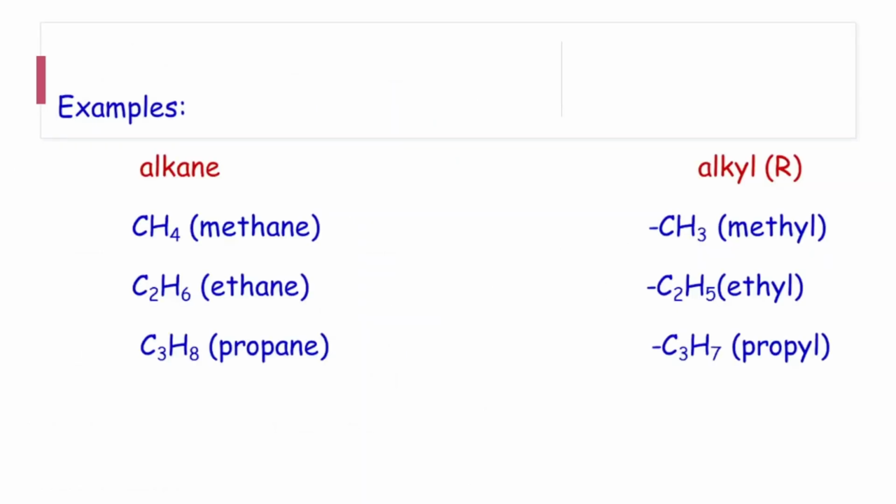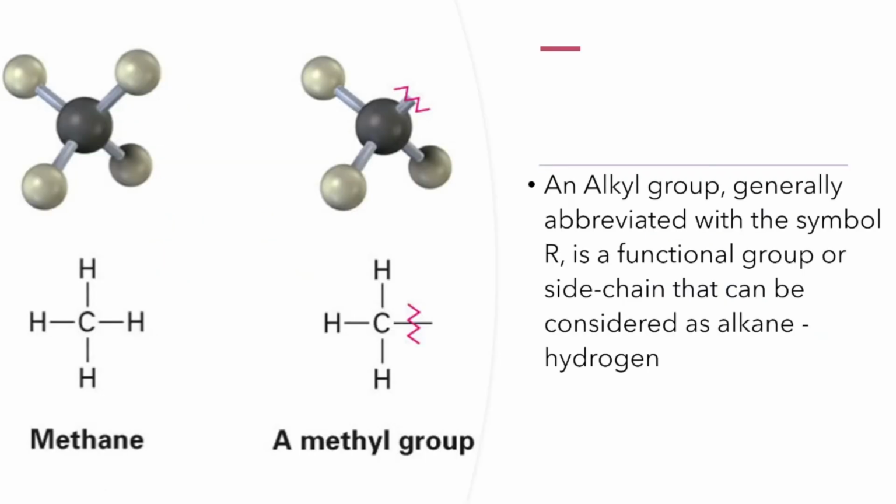Alkyl groups in general are alkanes minus 1 hydrogen. This hydrogen is omitted because alkyl groups are considered branches that are connected to bigger or larger compounds.